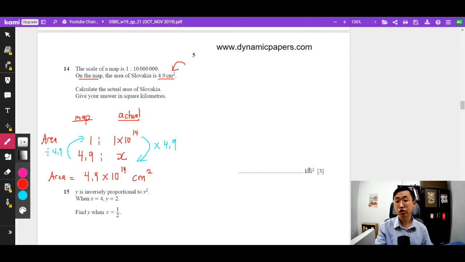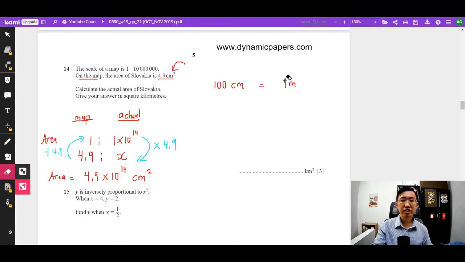You have to change slowly, so watch. Alright, so you have to write the relation from length first. So this is 100 centimeter. Remember that is actually 1 meter. Okay, so 1 meter is not good enough. We need to change to kilometer. So on the right hand side, how to change to kilometer, you have to know this relation. 1000 meter is your 1 kilometer.